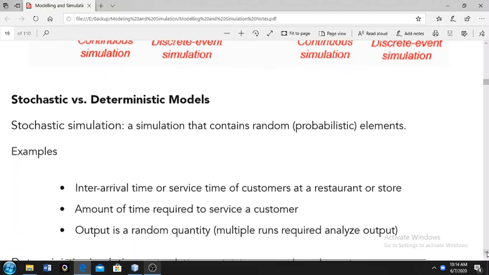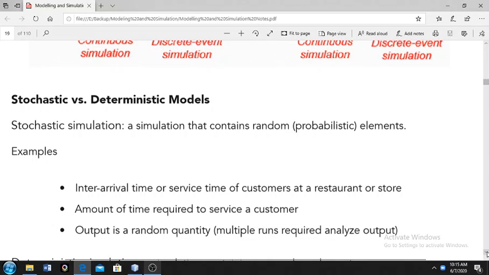Now, let's try to compare stochastic and deterministic. A simulation that contains random elements, probabilistic elements, is said to be stochastic. When chance plays a high role.